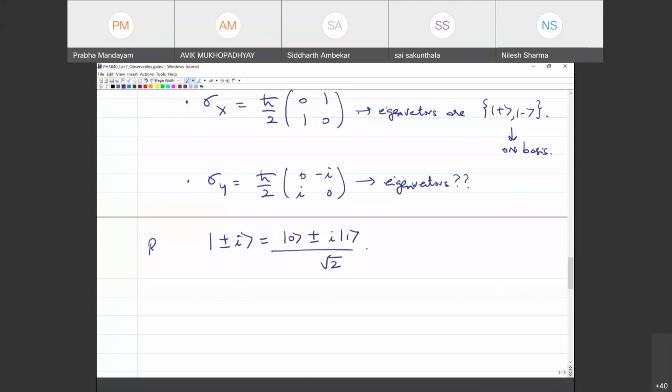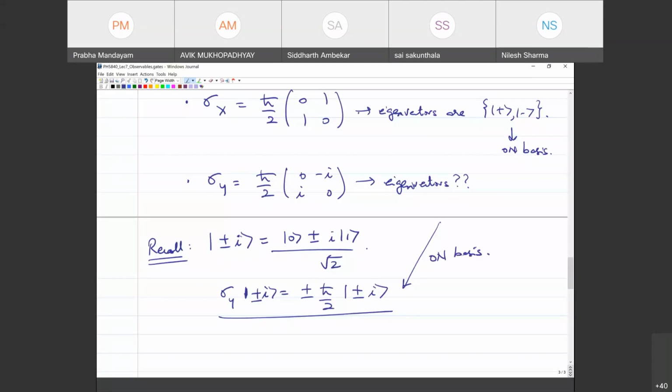We had even marked these out on the Bloch sphere, if you recall. So indeed, you can check that sigma y acting on plus or minus i gives me plus or minus h bar by 2 times plus or minus i. So these are indeed the eigenvectors of sigma y. They also form an orthonormal basis, mutually orthogonal and normalized, right?